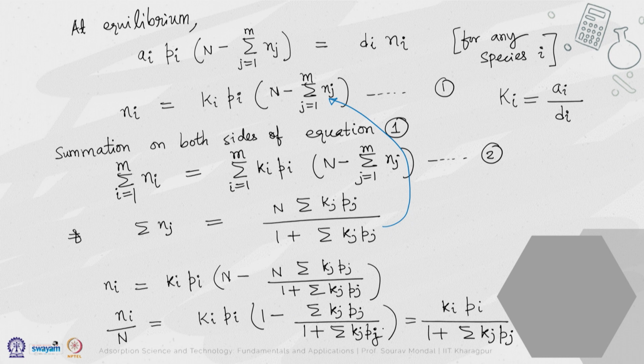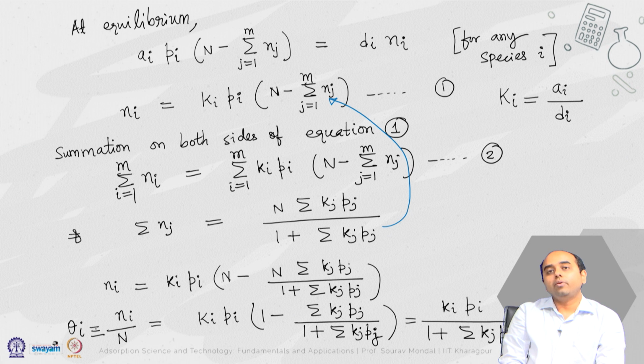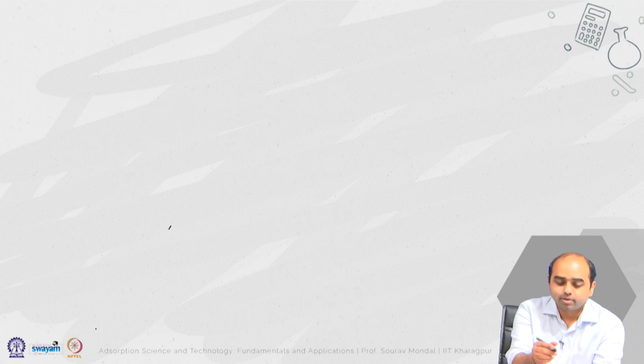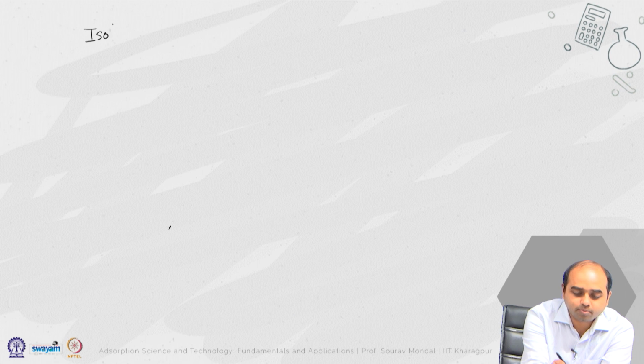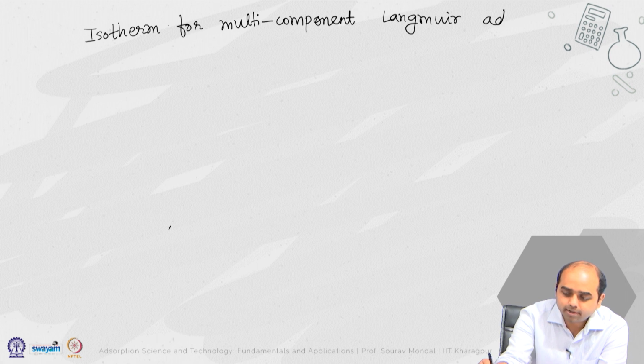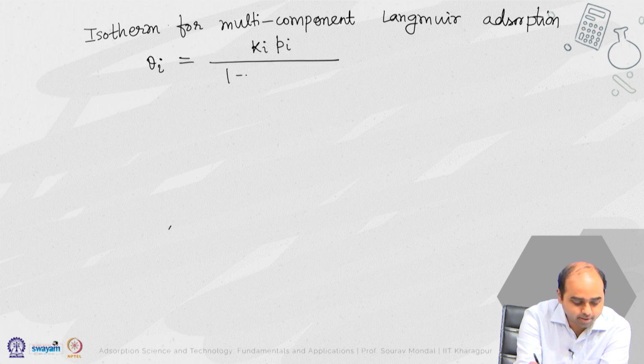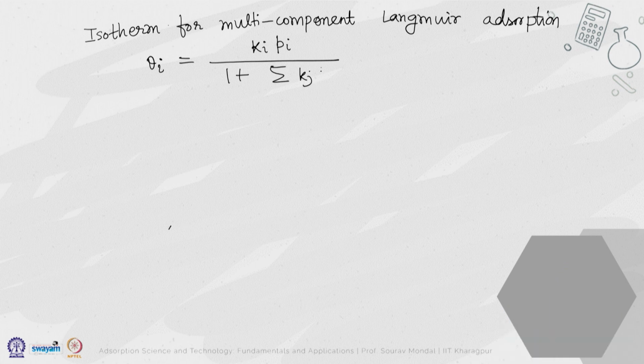We all know that Ni by capital N is nothing but the partial coverage for that particular species i. So, in a summarized form, the isotherm for multi-component Langmuir adsorption is theta i equal to Ki Pi divided by 1 plus the summation of all the components j, with j equal to 1 to m.